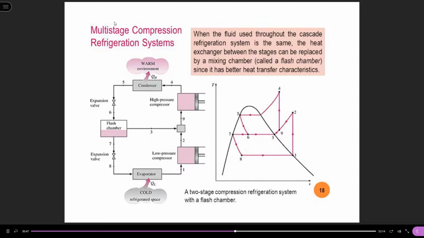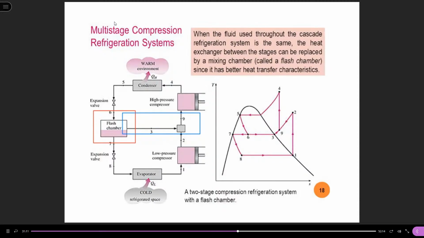Then we have also the other types of multi-stage compression refrigeration cycle. So besides the flash chamber, what's new is here. We can see there is mixing.